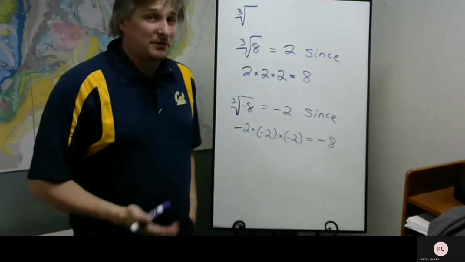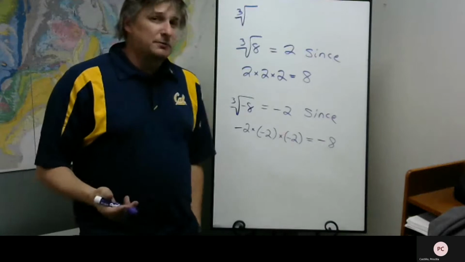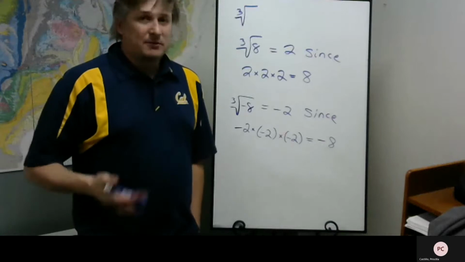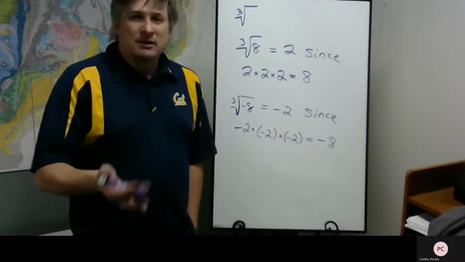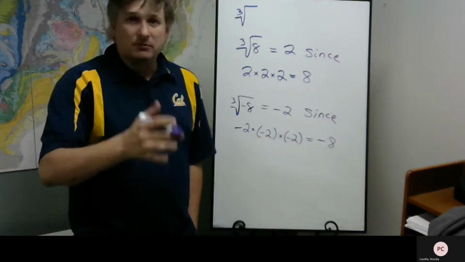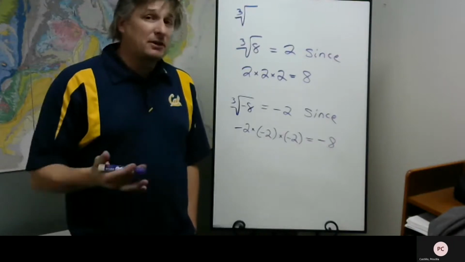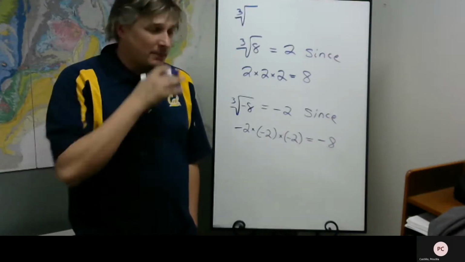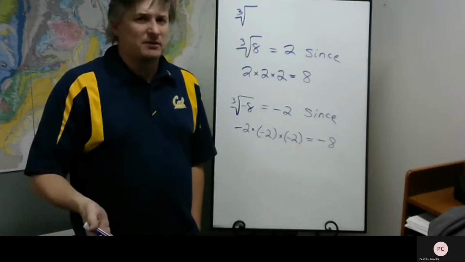So the moral of the story is this. Even roots, you won't be able to take the square roots of those, at least not yet. But you can take the odd roots of negative numbers. That's okay. You just can't take the even roots of negative numbers.